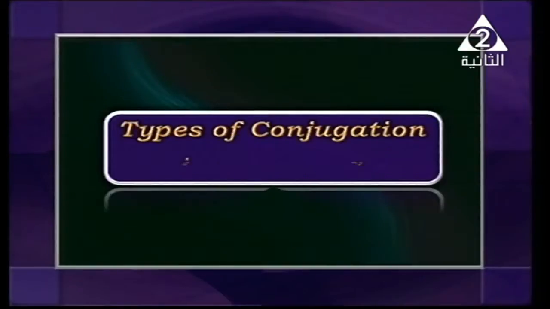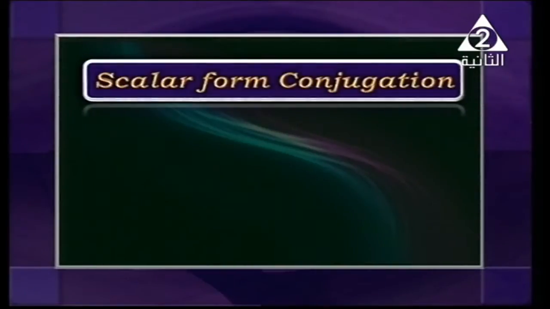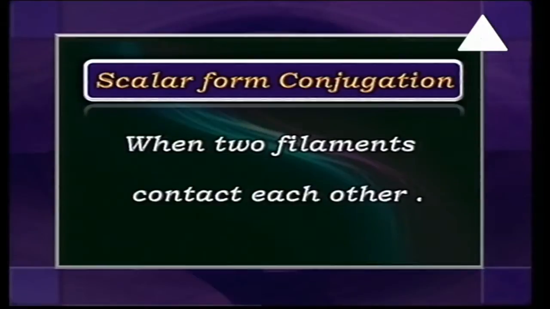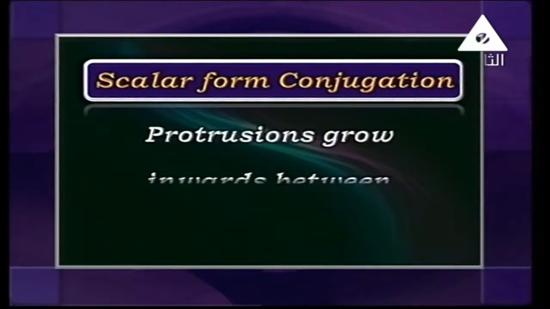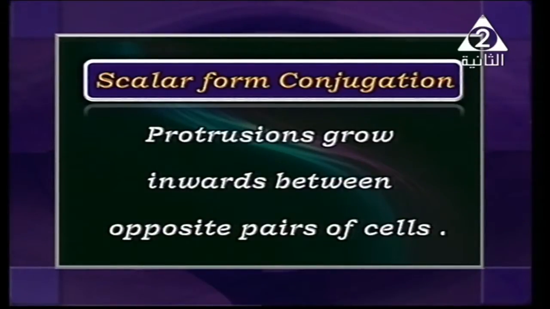Types of conjugation in Spirogyra: we have two types, as we said. The first one is called scleriform conjugation. Scleriform means when the two filaments are in contact with each other. A protrusion grows inward between opposite pairs of cells.